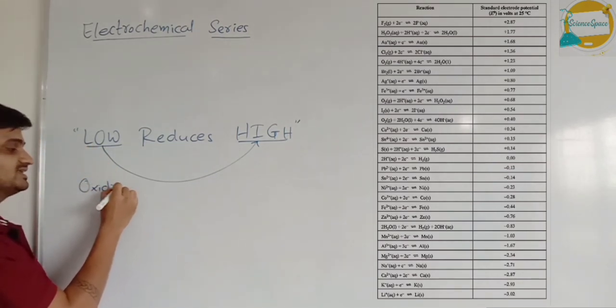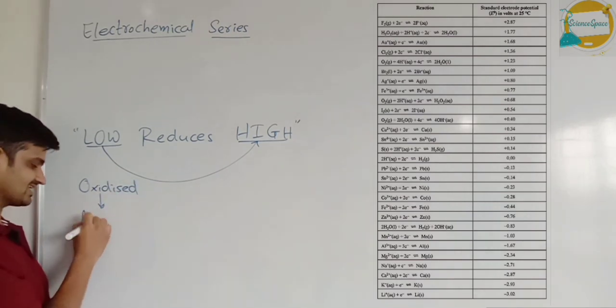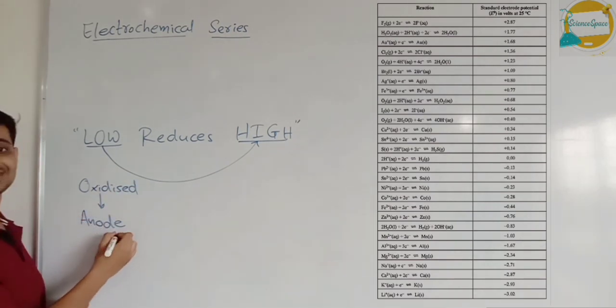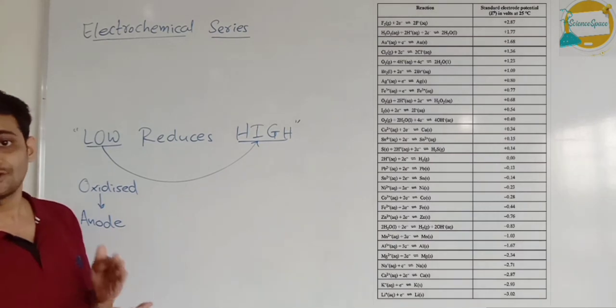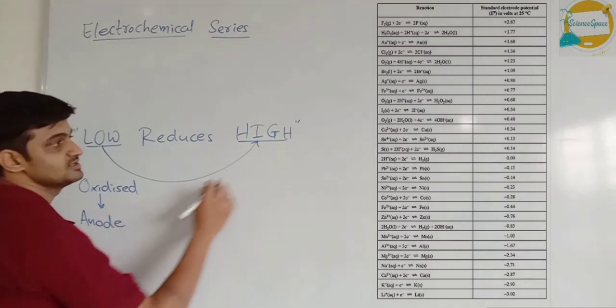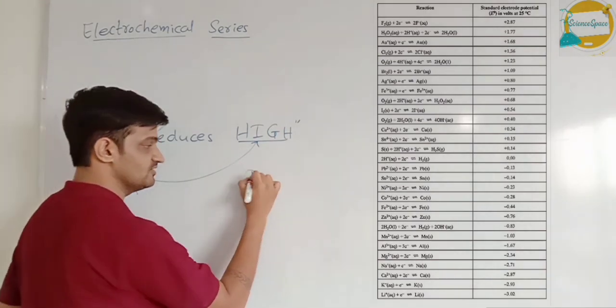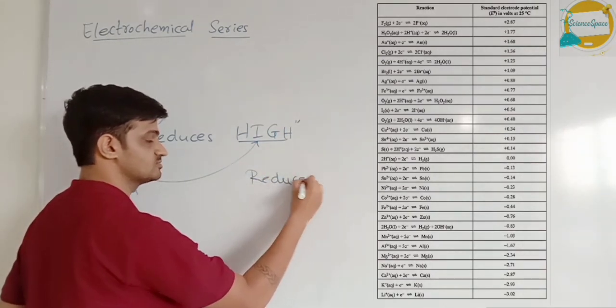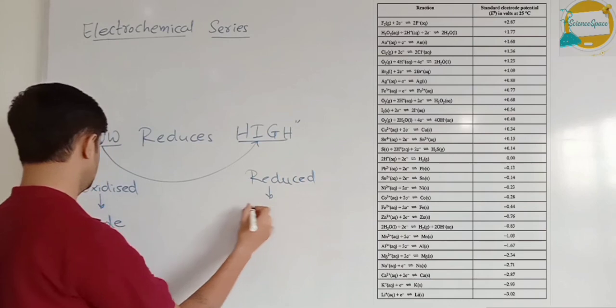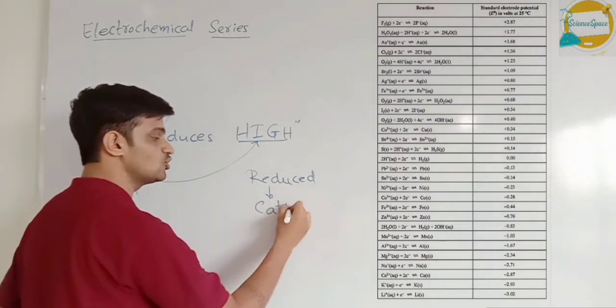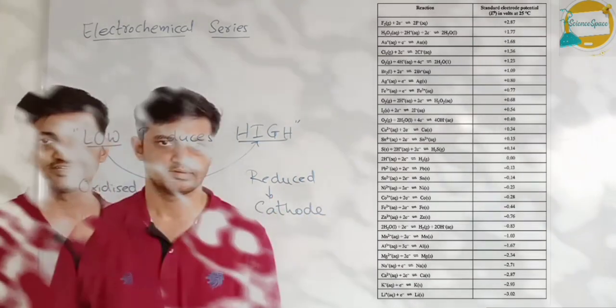So if it is getting oxidized, then it will act as anode, because the oxidation half cell is the anodic half cell, and the higher potential electrode will get reduced. So if it is getting reduced, it will be taken as the cathode or the cathodic half cell.